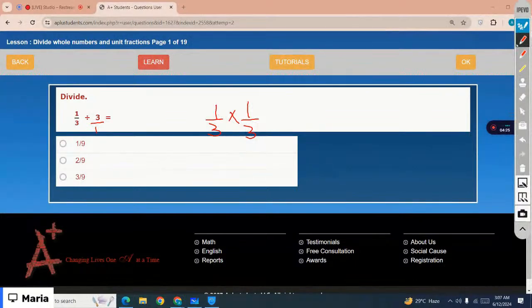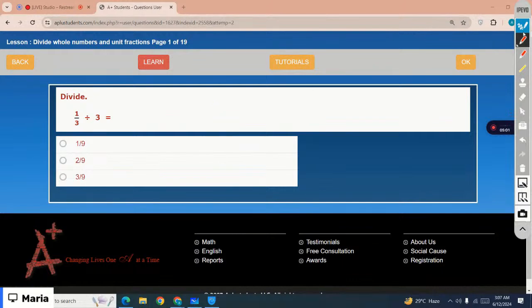So the correct option is 1 over 9. The correct option is 1 by 9.